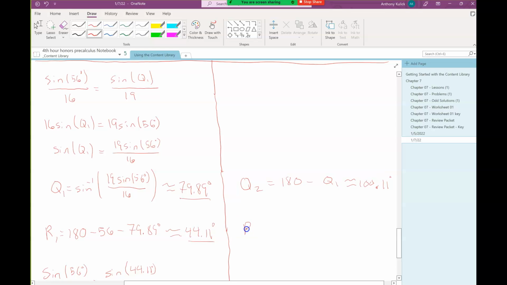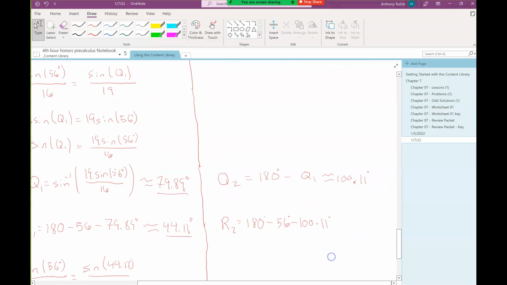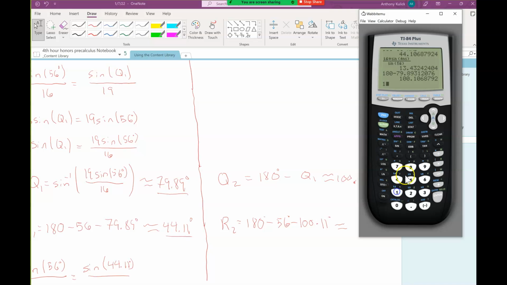And that's lovely, because now to get R2, I'm just going to be doing that, right? 180 minus 56 minus my previous answer.